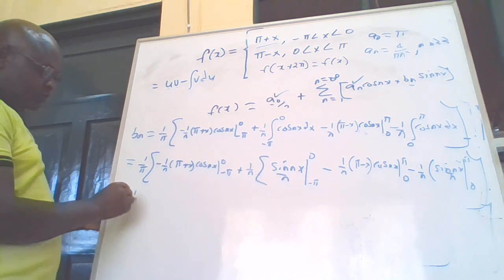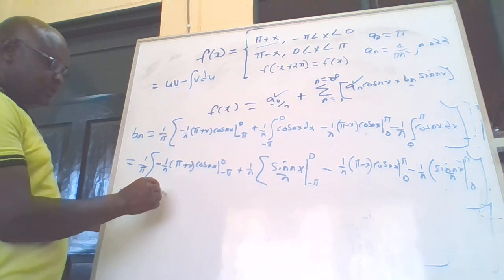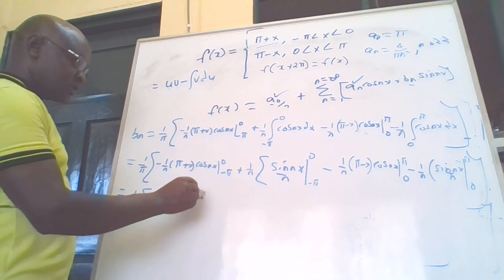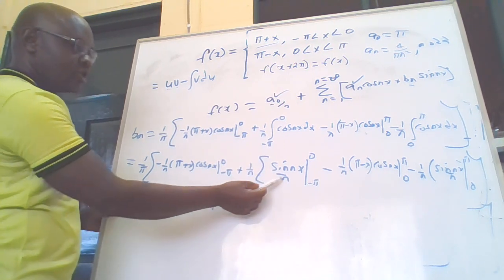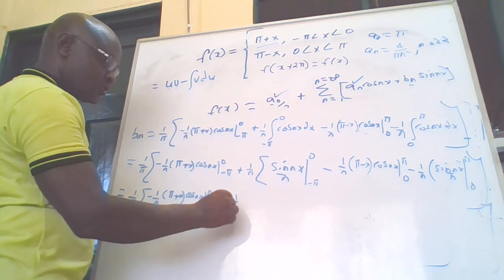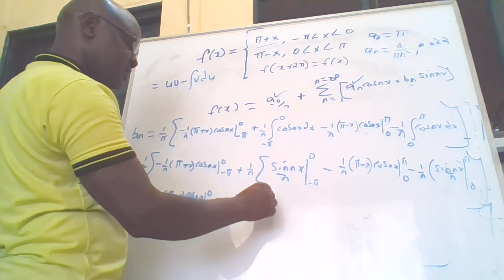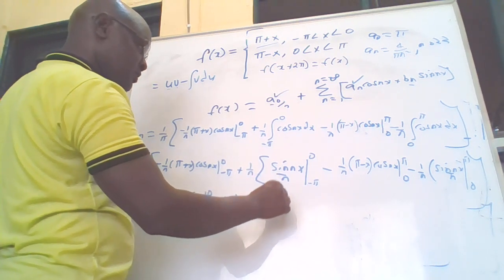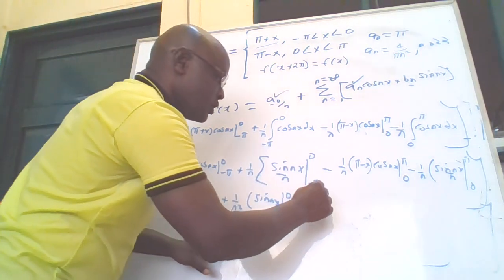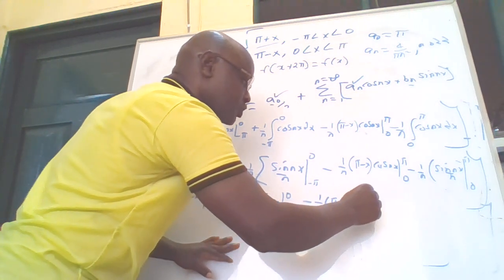So this equals 1 over pi into minus 1 over n pi plus x cos nx from 0 to negative pi. We take n out, 1 over n, so that we have plus 1 over n squared into sine nx, minus 1 over n into pi minus x cos nx.